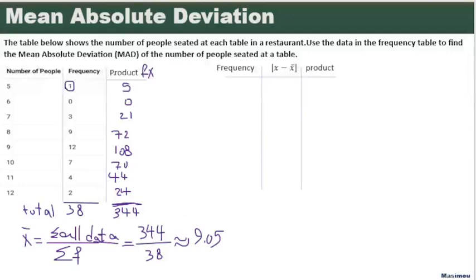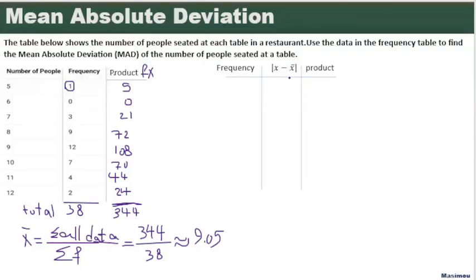So now I find the mean absolute deviation. First of all, I bring another table, and I write the absolute deviation of each data value.